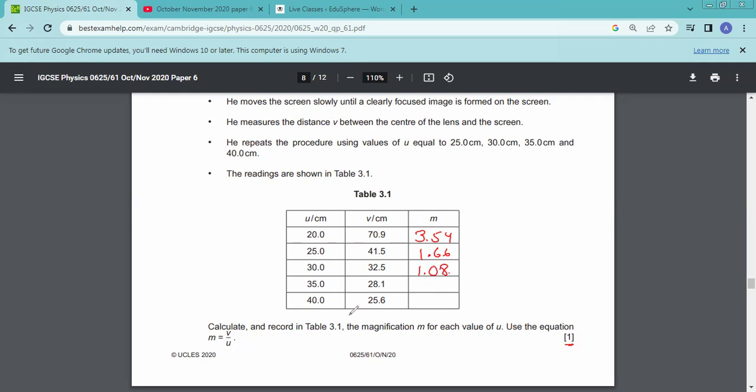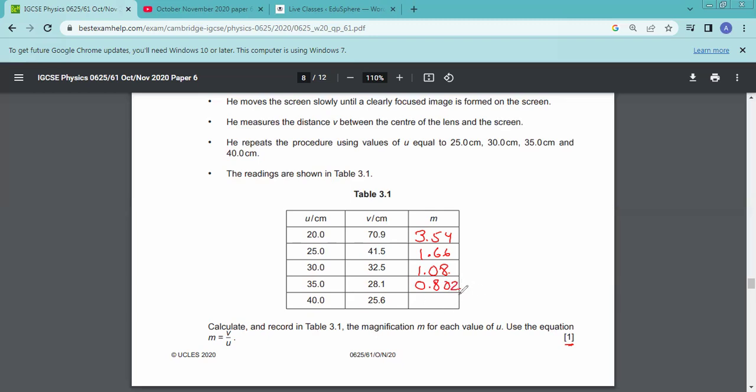Similarly, 28.1 divided by 35.0, and now this is 0.80. Sorry, it's not 0.08, it is 0.80. This is 0.802.